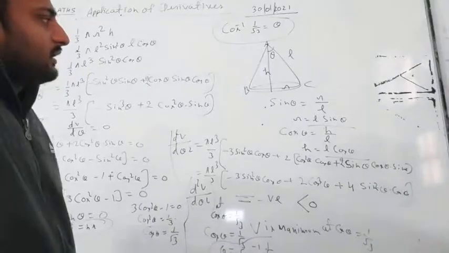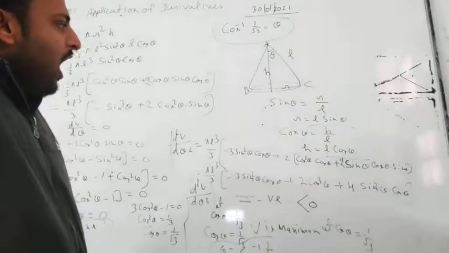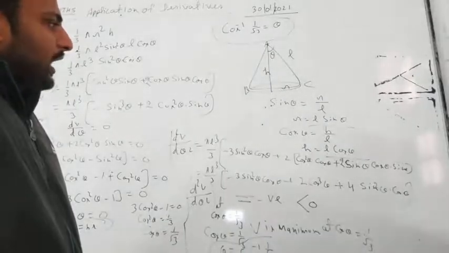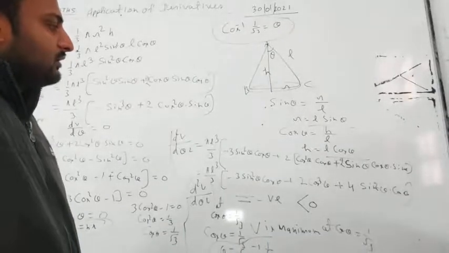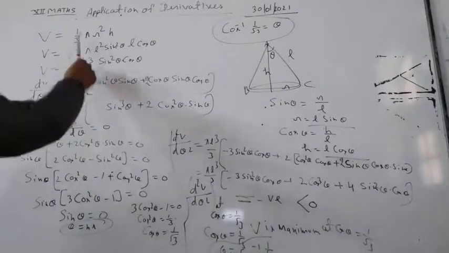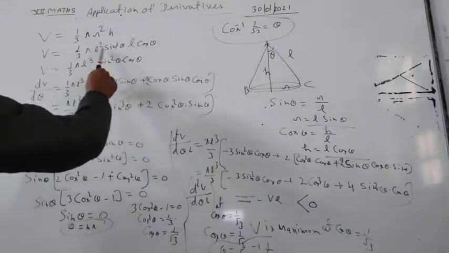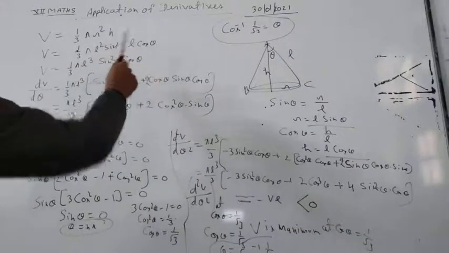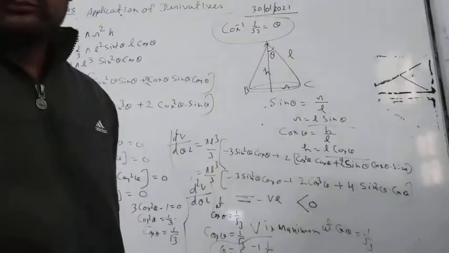So from here, sin theta will be r by l, so r will be equal to L sin theta, and cos theta is h by L, so h is equal to L cos theta. Now our volume is 1 by 3 pi r square h, so 1 by 3 pi L square sin square theta, and h is L cos theta. So we can write 1 by 3 pi.